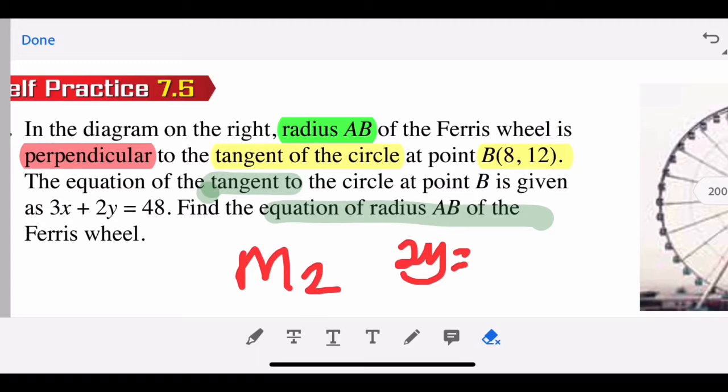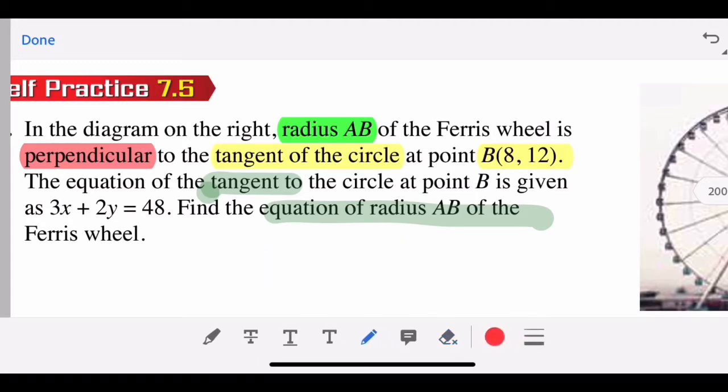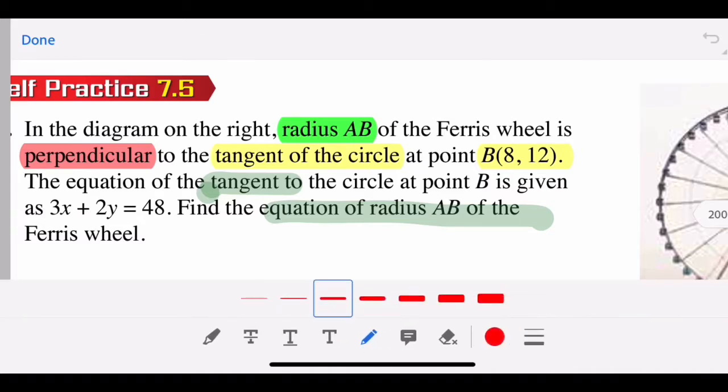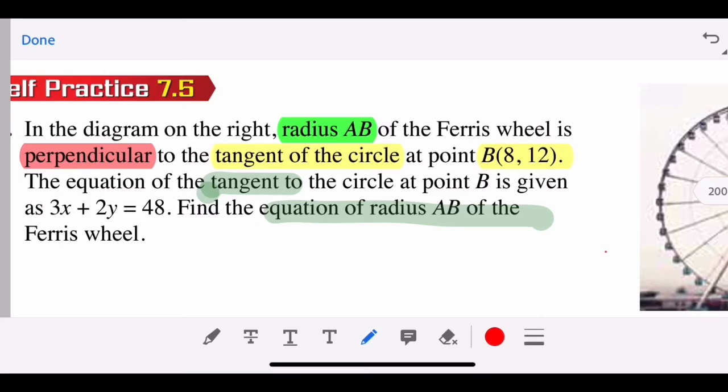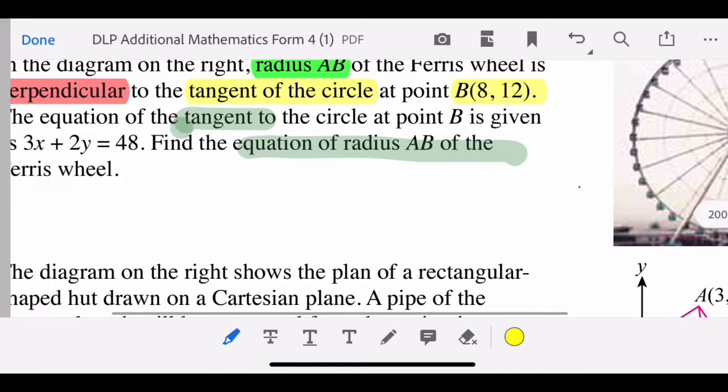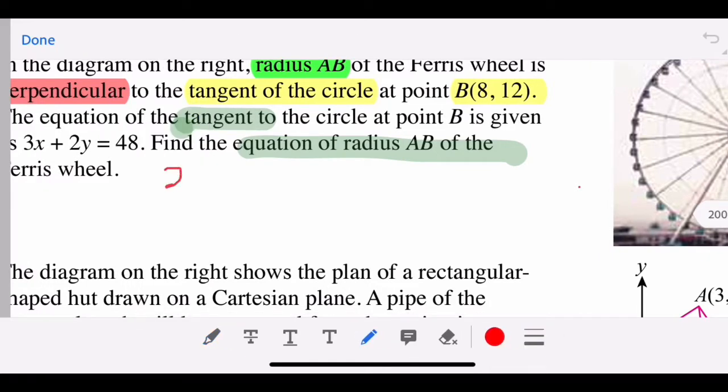Gradient form means y = mx + c. So we need to rearrange the equation. We have to shift the 3x to the right, then simplify until y = mx + c. So we start now.